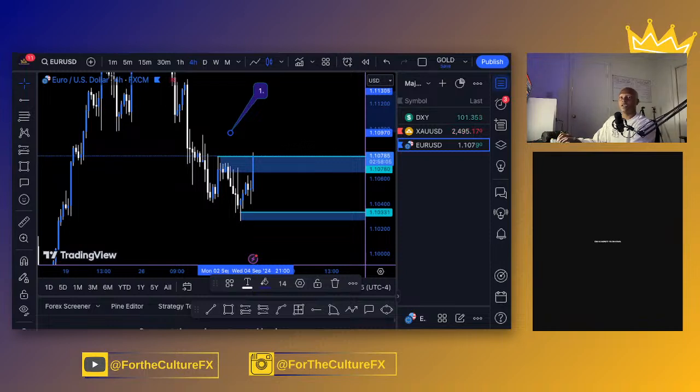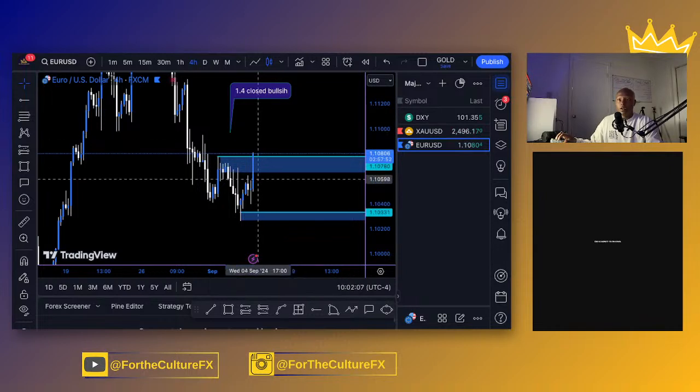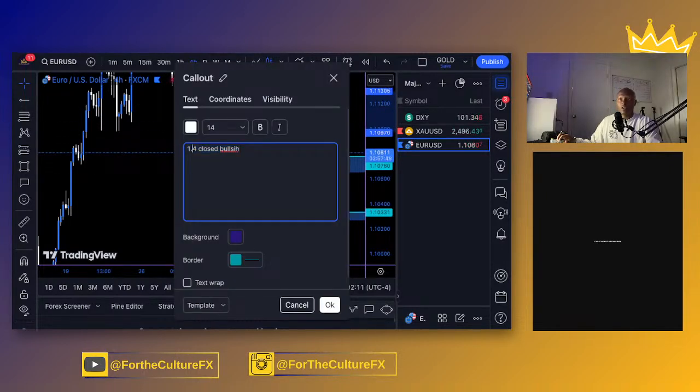Let's just put 4-hour closed bullish. All right. That's the first thing that we should know off of it. 4-hour closed bullish. That's the first thing that I'm learning from this trade.